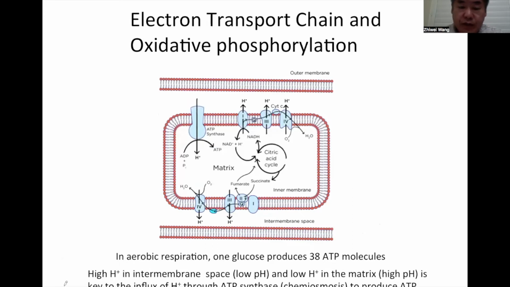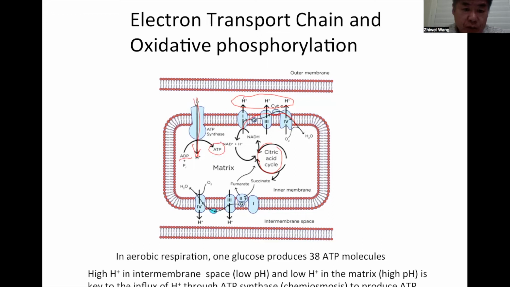Okay, here is an overall sketch of the first few steps we talked about, like the citric acid cycle, the electron transport, and the next step. What happens is the highly accumulated protons will flow down through ATP synthase to drive the synthesis from ADP into ATP.